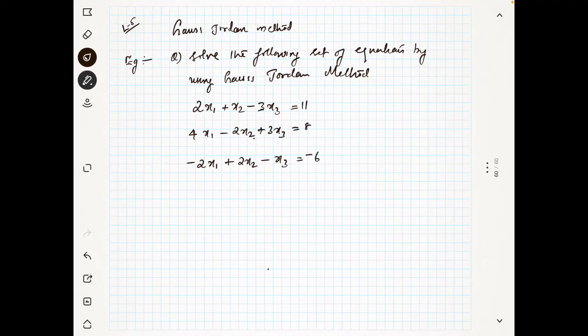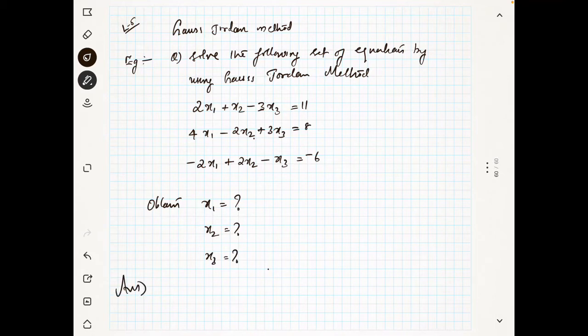So these are all the equations that you need to solve. You have to obtain the value of x1, x2 and x3. Okay, so we will see how to solve this.